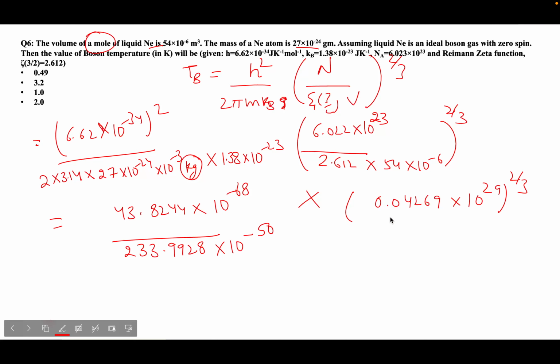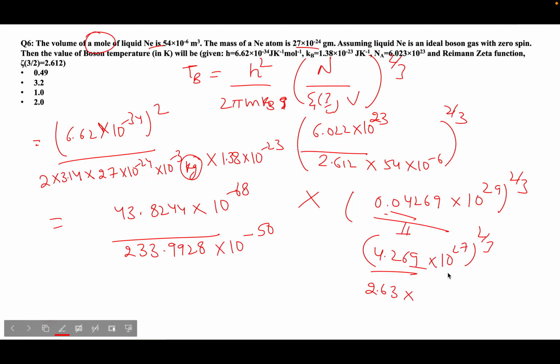Let's take it as 4.269 into 10 to the power 27, to the power 2/3. So just solve this, 4.269 to the power 2/3.